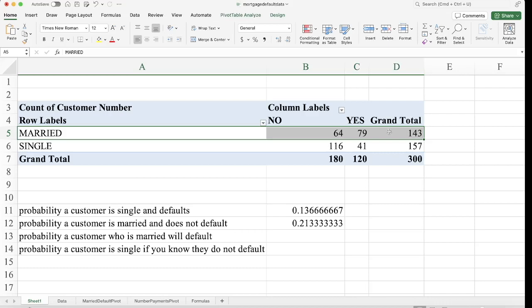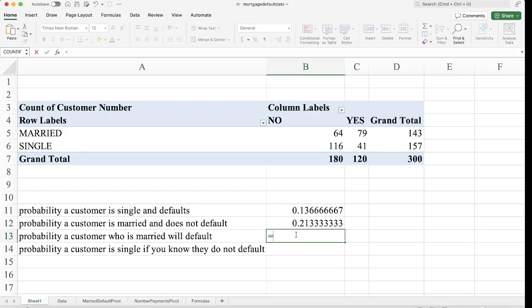Given that they're married, I want the probability that they will default. So of the total 143 married people, 79 of them defaulted. So this would be 79 over 143. That would give me the probability that they will default given that they're married.